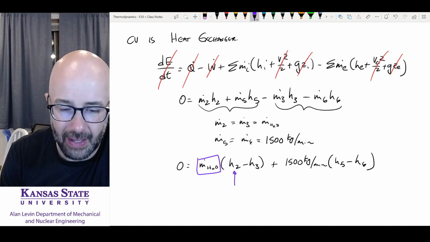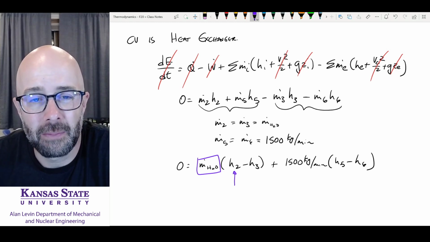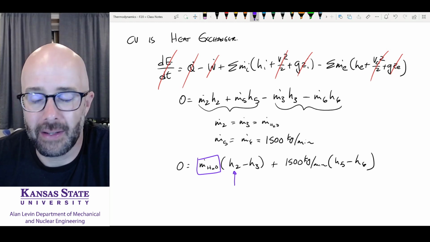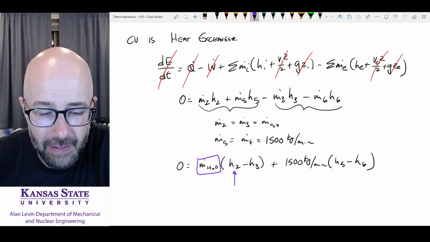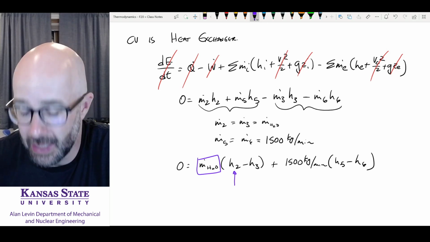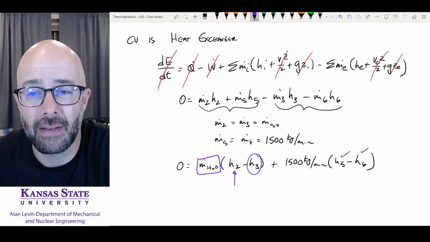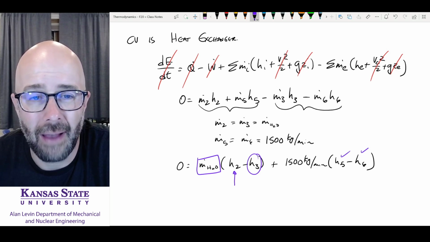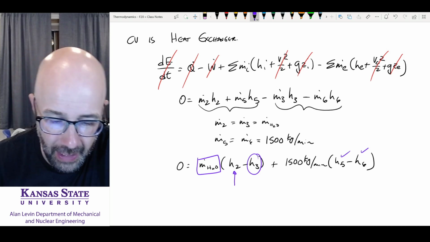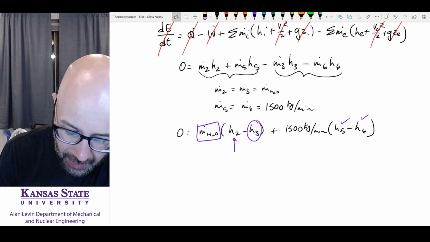I can set that state, that H2 is the same H2 as I had in my first step, in my first control volume. H5 and H6, it's air, and the problem statement gave you the temperature for this, so this and this can be easily found. The only unknown we have is H3, so we can solve for H3. So how are we going to do that? Well, it's going to look something like this.